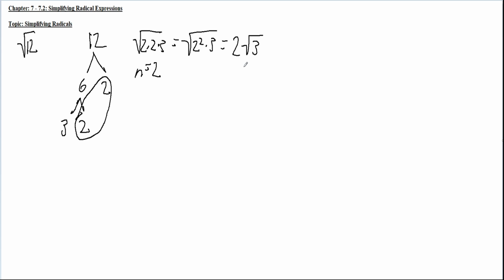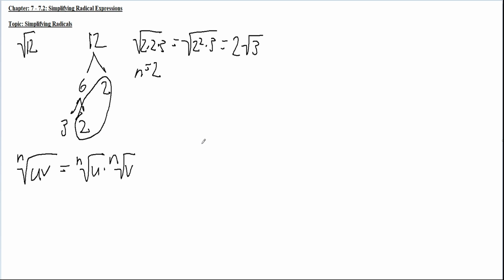So now I want to give you some more definitions to work with. If I have some index for my radical here, and underneath it it's u times v, I can break this apart into the root of u times the root of v, okay?